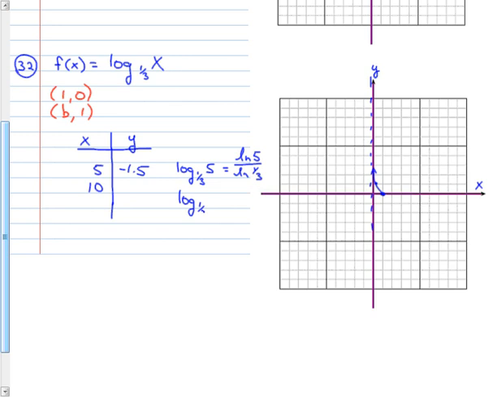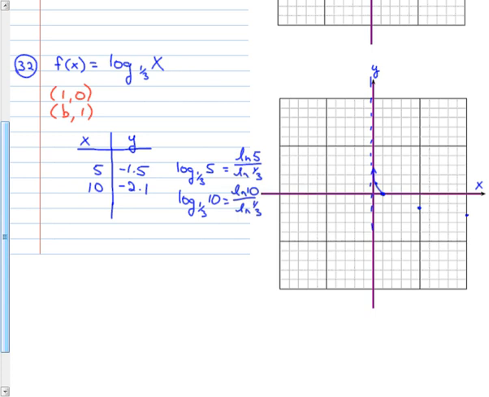Log base 1/3 of 10. I'm going to do the natural log of 10 divided by the natural log of 1/3. Negative 2.1 approximately. Over 5 down 1.5.